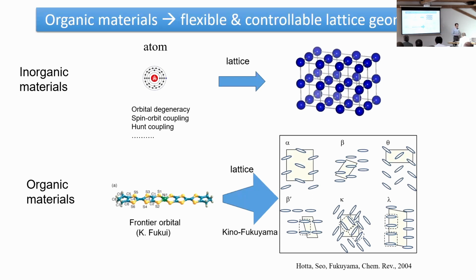Yesterday, Michelle gave a very excellent and detailed introductory talk about what molecular materials are, so I have no need to repeat that. But here I'd like to emphasize one advantageous point of organic materials. In inorganic materials, for example, metallic copper forms a face-centered cubic lattice, but we cannot change the crystal structure.